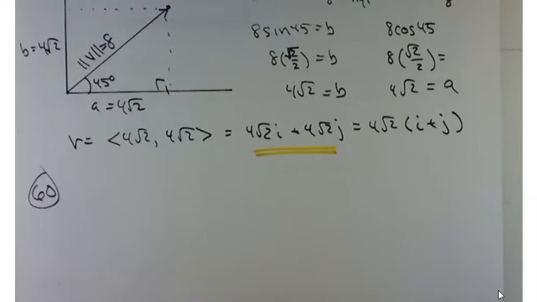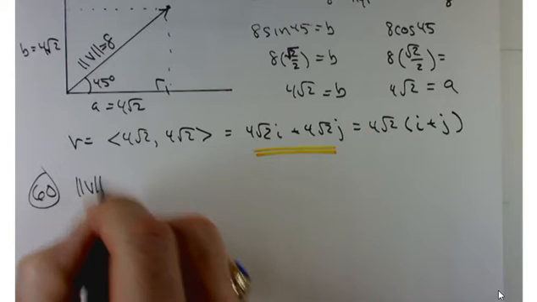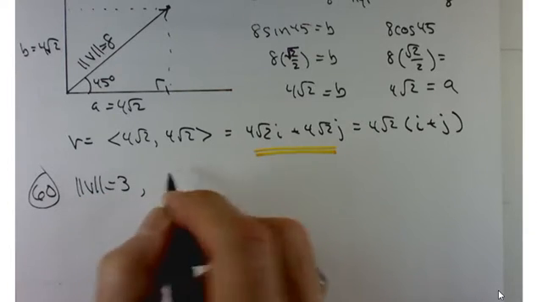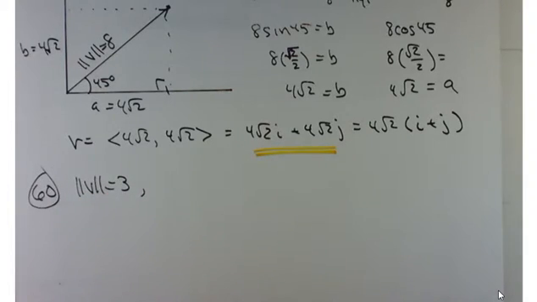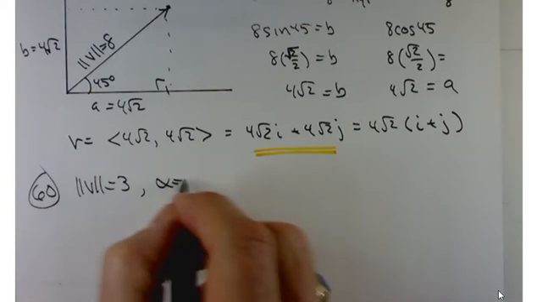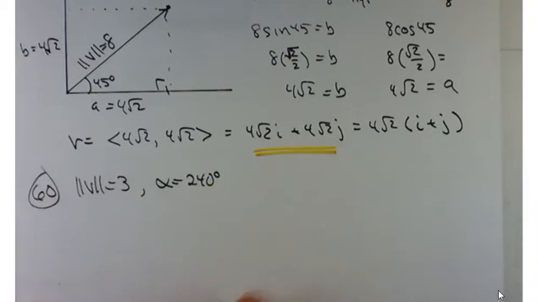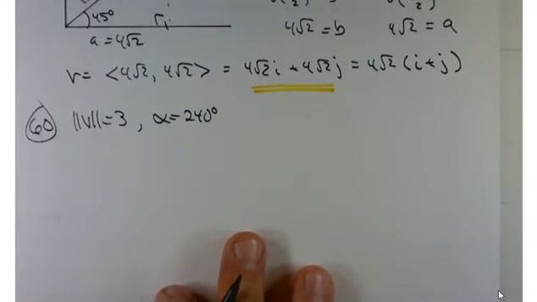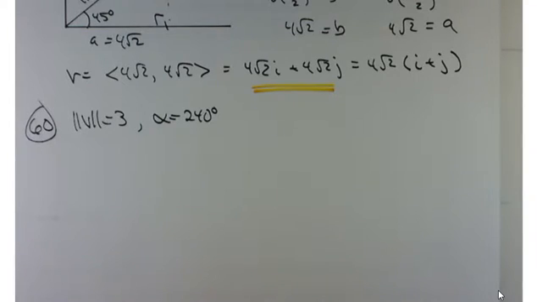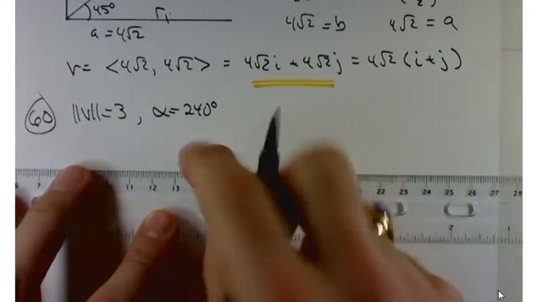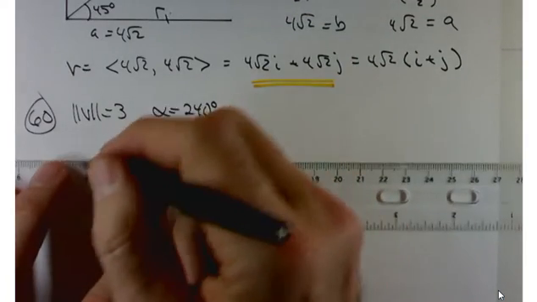This time we got the length of our vector is 3, and the angle that it makes with the positive x-axis is 240 degrees. Okay, so let's draw that. What quadrant is this angle going to be in? Third quadrant.